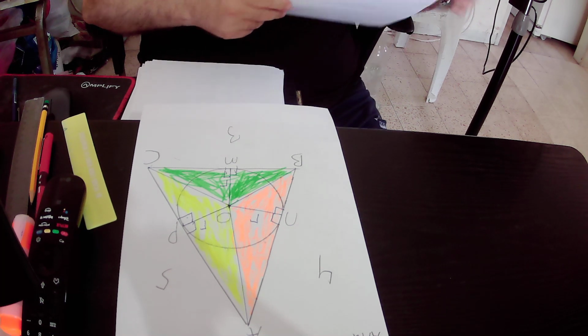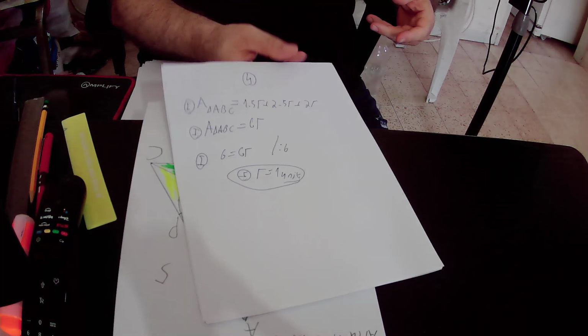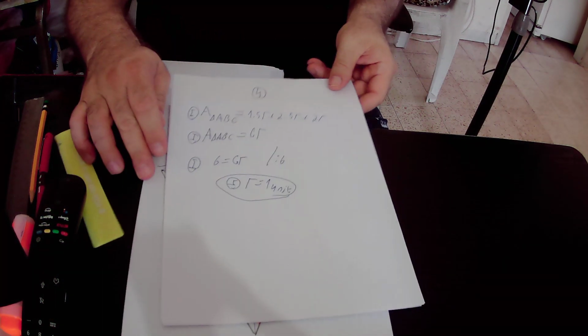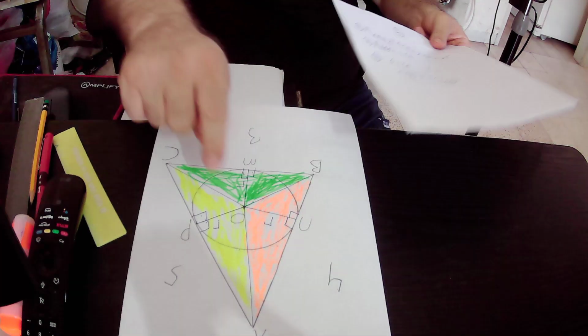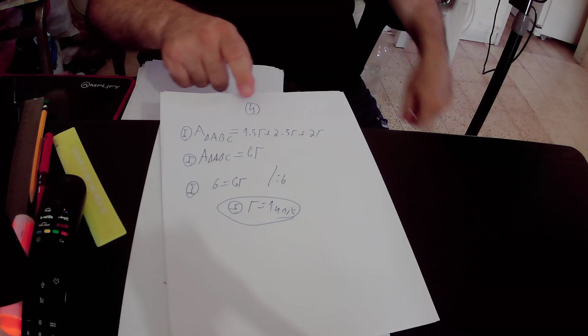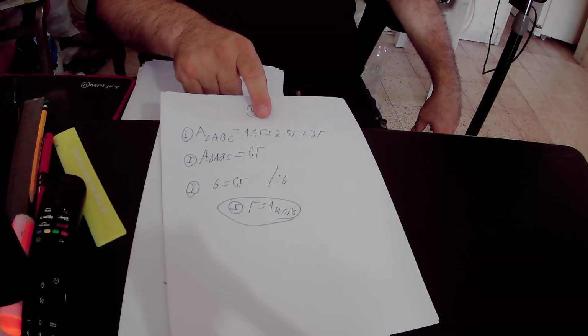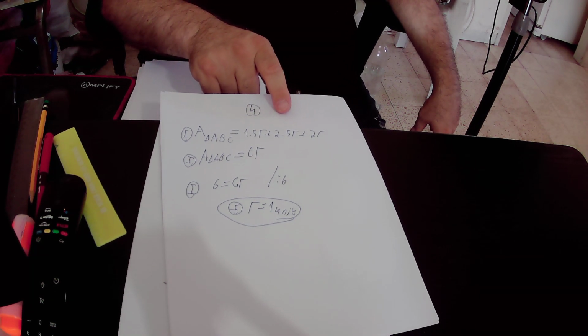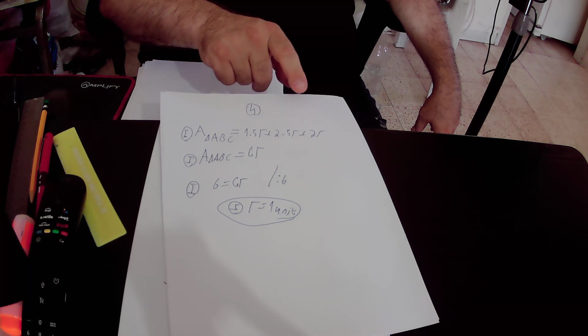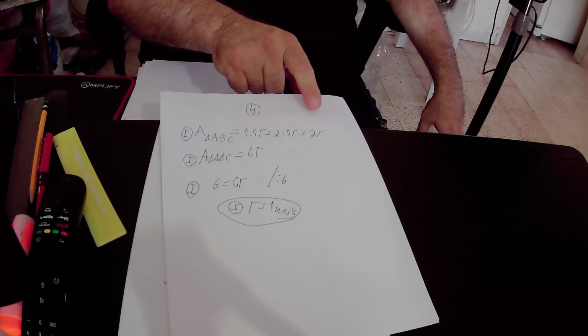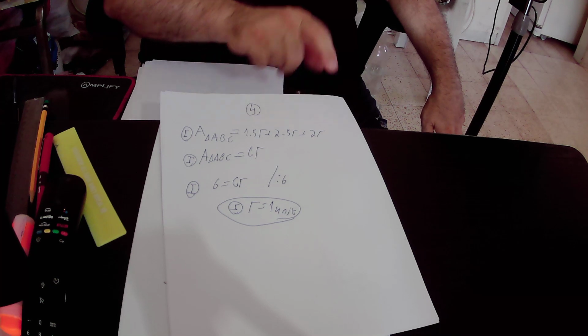So we created equation number 1 that states that the area of the big triangle ABC equals the sum of the areas of the green triangle, that is 1.5 times the radius, plus the area of the yellow triangle, that equals 2.5 times the radius, plus the area of the orange triangle that equals 2 times the radius of the circle.